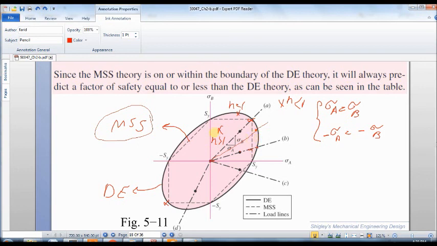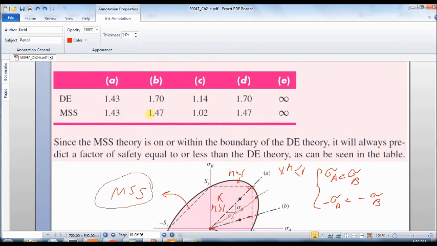So MSS is predicting failure at this state of stress, but distortion energy is telling that in this state of stress your part is safe. That's why we are saying that MSS is conservative.